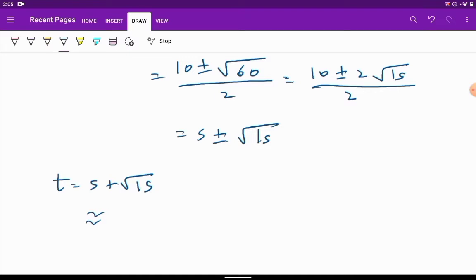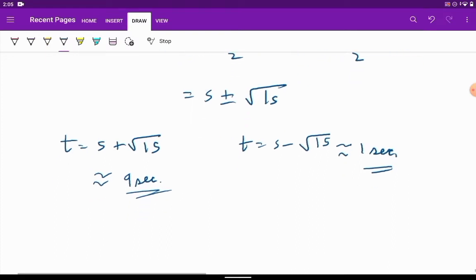I'm just writing the approximate value for now; you can check the actual value. T equal to 5 minus root 15, which is approximately 1 second. These are the approximate values. The actual value will be somewhere nearby.